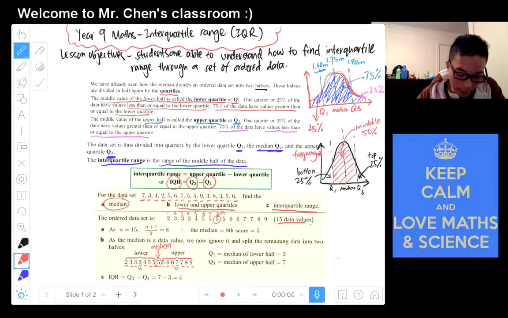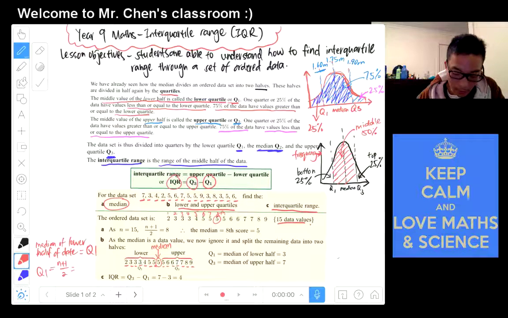To find the median of that, technically the median of the lower half of the data is actually your Q1. So for Q1, you find the median, which is n plus 1 divided by 2. Median is always n plus 1 divided by 2.